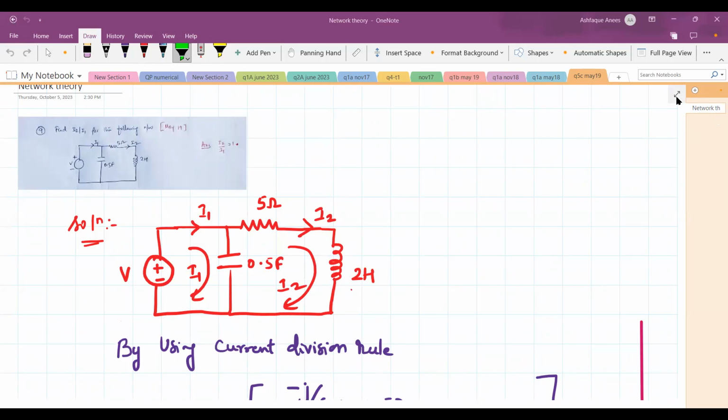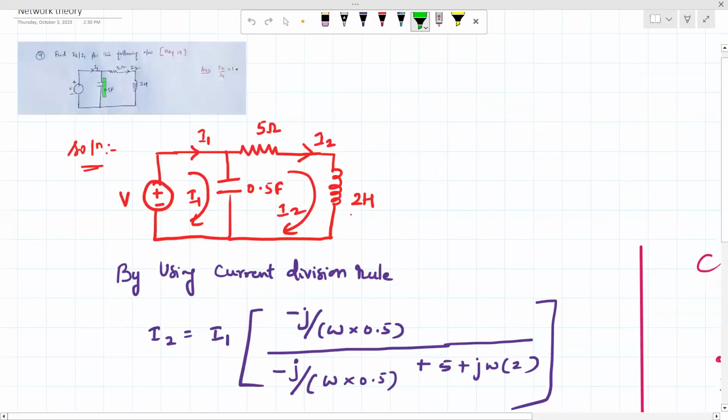Next, we will move on to the next sum. Here they have asked you to find the value of I2 divided by I1. So I have written the circuit here. There is a voltage V given in this circuit. And again, we are assuming the direction of the current to be I1 and I2 in the clockwise direction.